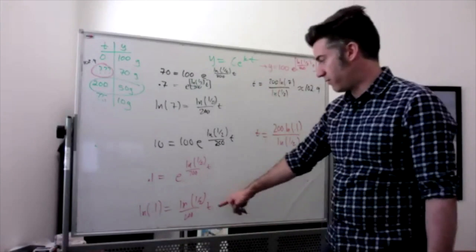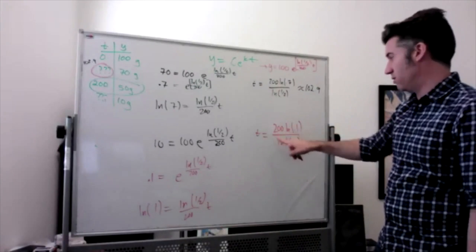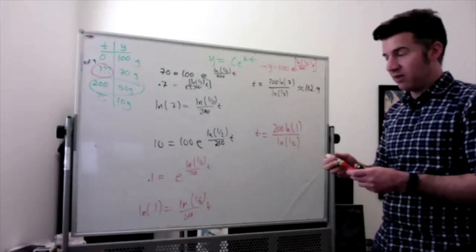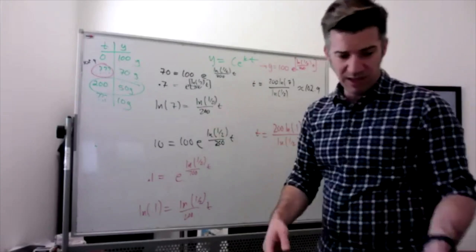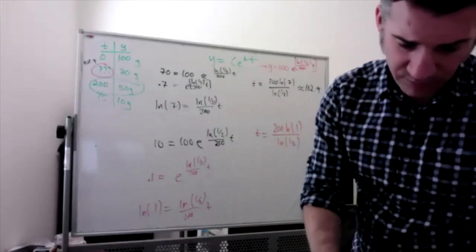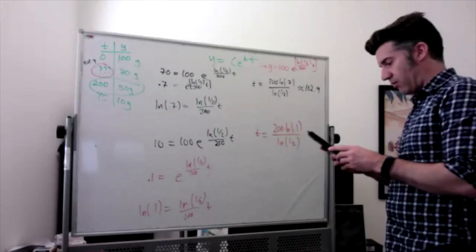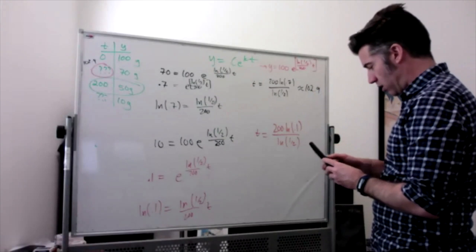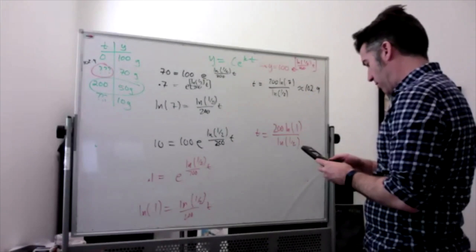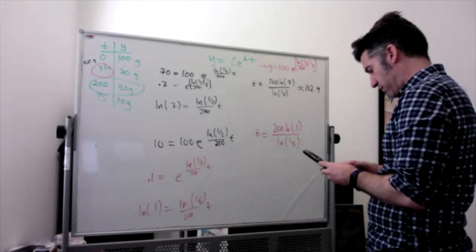And then finally we solve for t by multiplying by 200 and dividing by natural log of 1/2. But I think that if you can see that these are essentially the same processes and you're just having a different number in one spot, you don't have to show all that work. So simplifying that, we get 200 times natural log of 0.1 divided by natural log of 0.5.